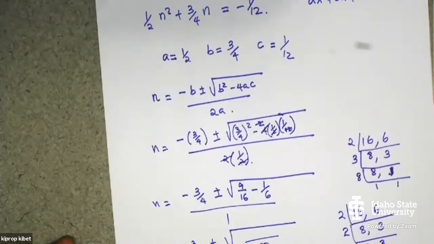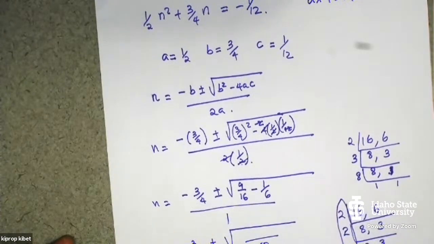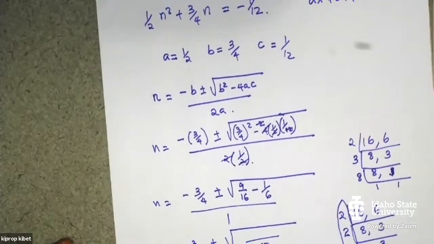You can take another 2, 2, 3. You can take another 2, 1, 3. And finally, you take your 3, 1, 1. And then to get your least common multiple, you multiply all these ones. So how many 2s are here? 1, 2, 3, 4. 2 raised to 4 is 16. 16 by 3 is what? 48, right? So that is our least common multiple there, 48.